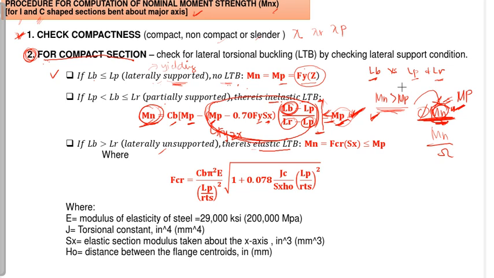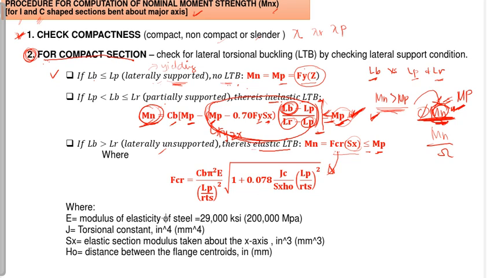Okay? So, ganyan. And if our Lb is greater than Lr, that is laterally unsupported, there is an elastic LTB, yung Mn natin is equal to this equation. Fcr Sx, this is less than or equal to Mp pa rin siya. Okay? Where yung Fcr, this is the property of steel, yung Fcr natin is given by this equation.